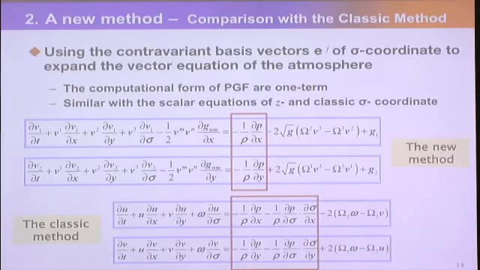Use the horizontal momentum equation as an example. The first two rows are those in the new sigma method, and the last two rows are those in the classic method. We can see we got the one-term computational form of PGF in the new method, compared with the two terms in the classic one.